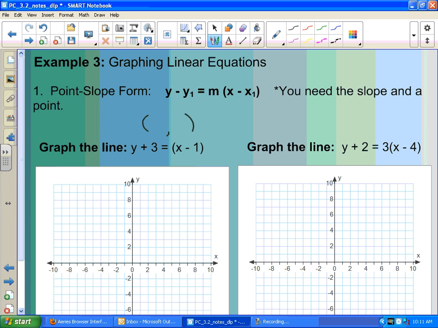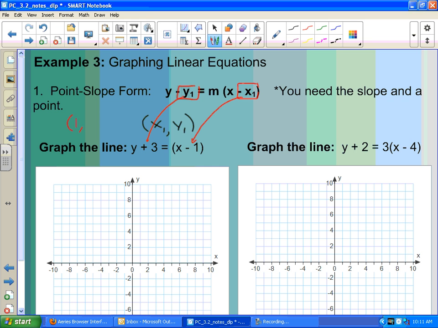I want to start it here. Can anyone tell me what those values are? Not negative 3. x1 is 1.